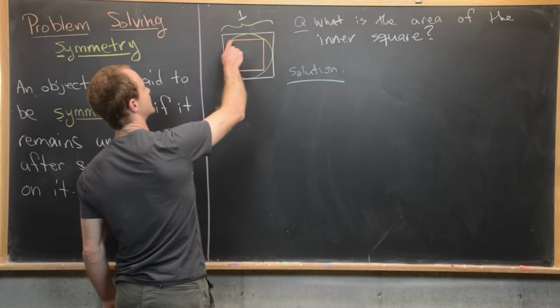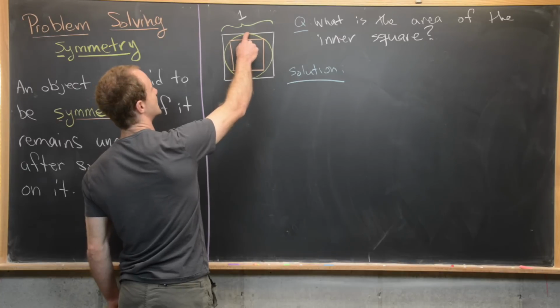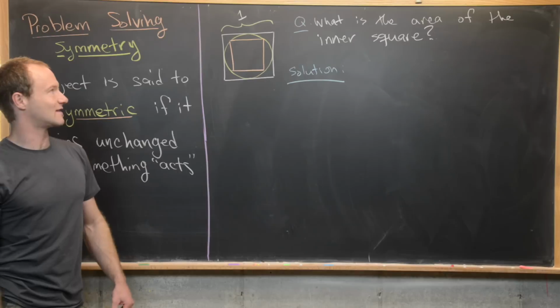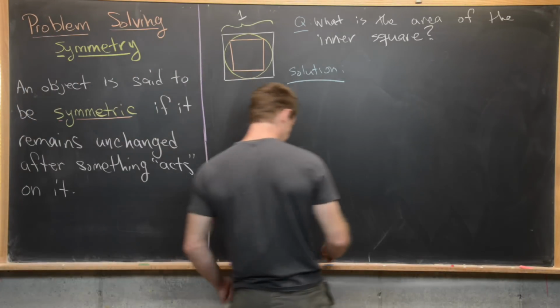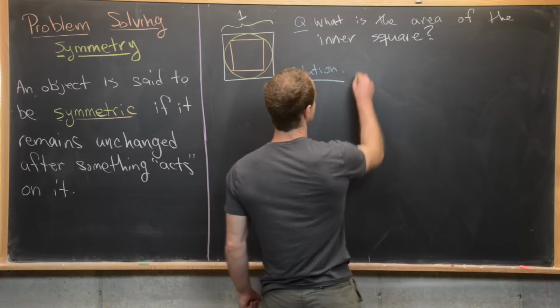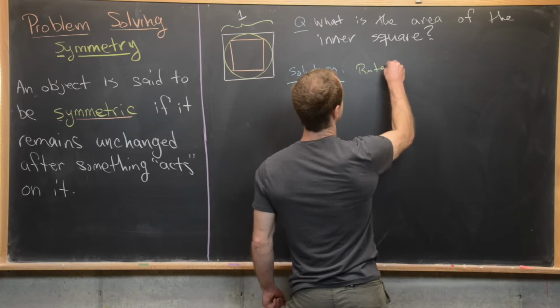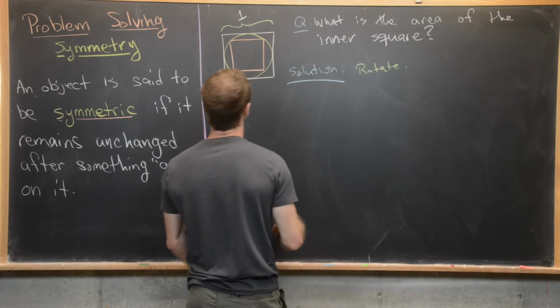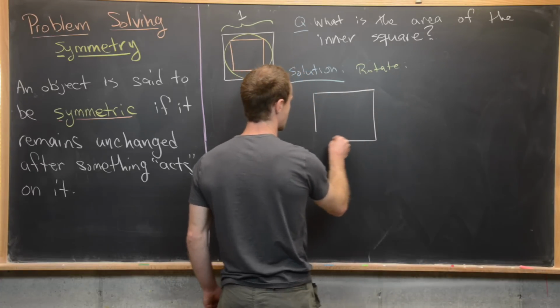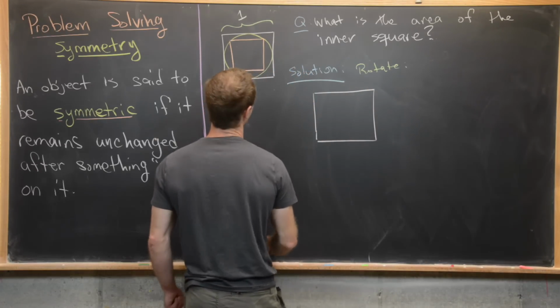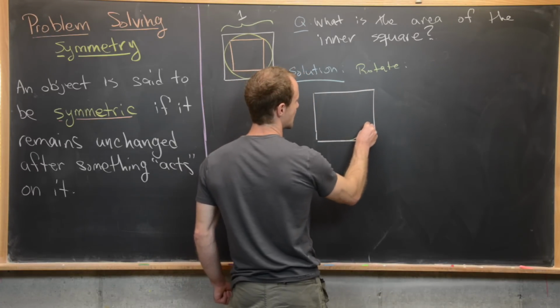This vertex of the inner square is inside the line segment, which is one of the sides of the outer square. So let's rotate the inner square so that we have the following picture. There's our outer square. Now we have our circle, which is inscribed.